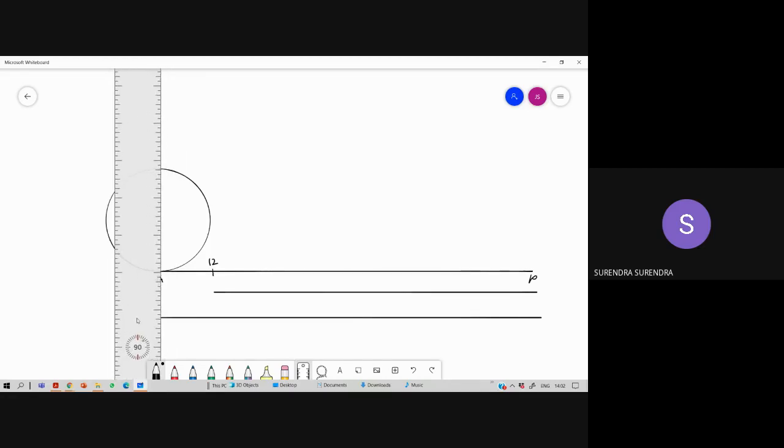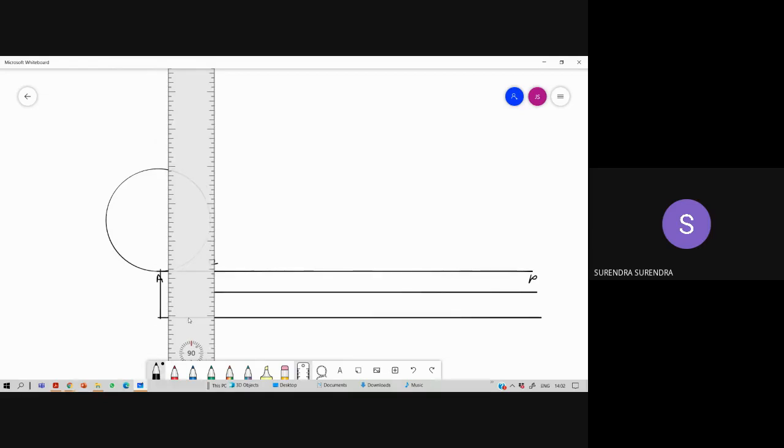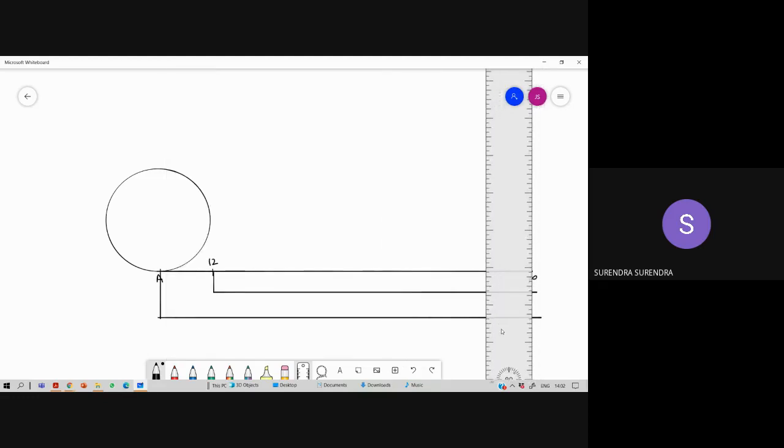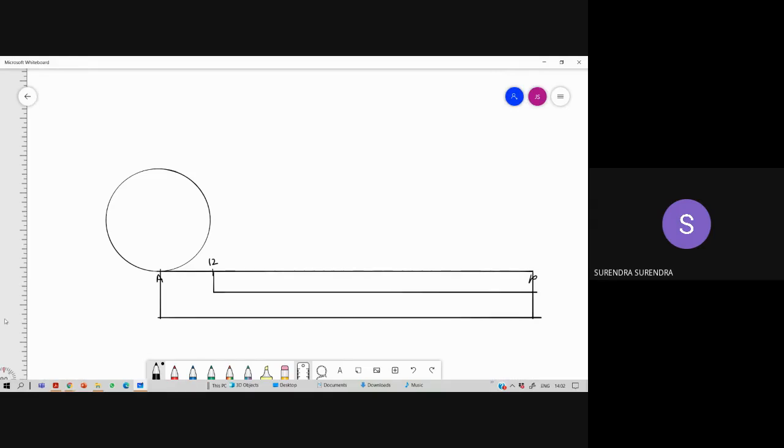Then only you can write the dimension value conveniently. Otherwise, if the gap is small, we have to compress or reduce the letter size and squeeze it in. But if you maintain a minimum gap of 10 mm between these two lines, we can write the dimension value conveniently.